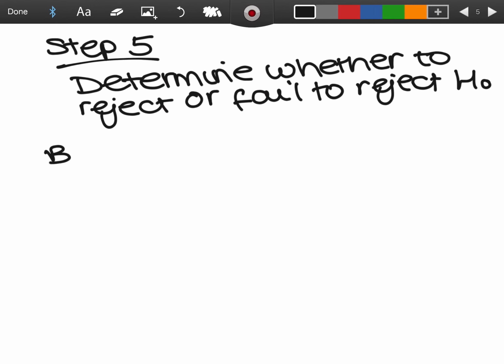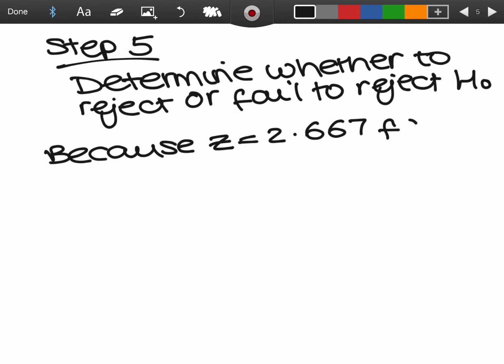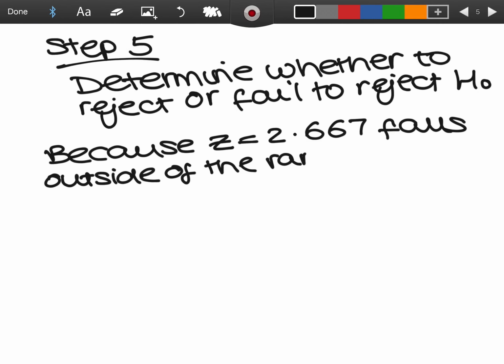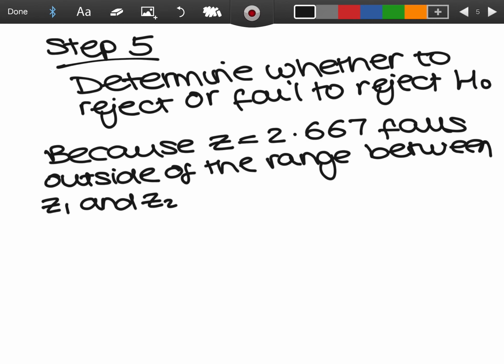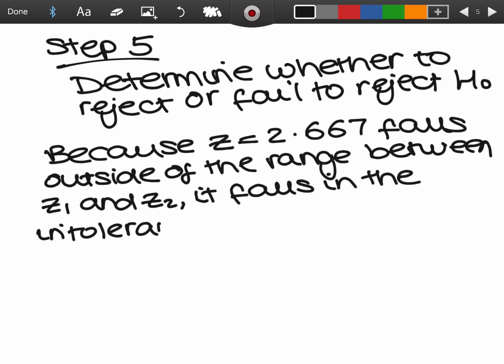So in this case, because the test statistic, Z, which is 2.667, falls outside of the range between Z1 and Z2, it falls in what we call the intolerance zone, actually, is the name of it.